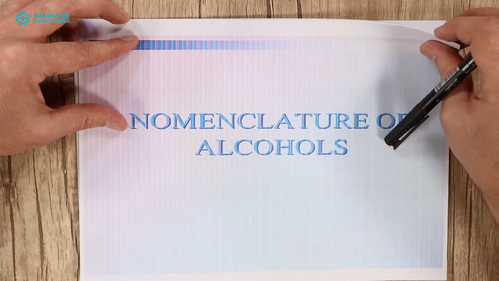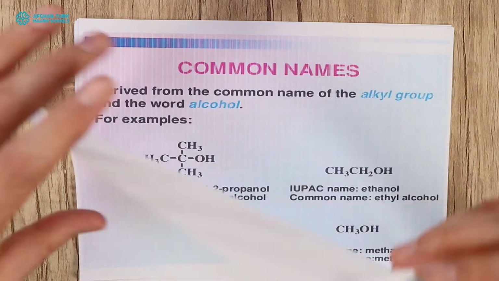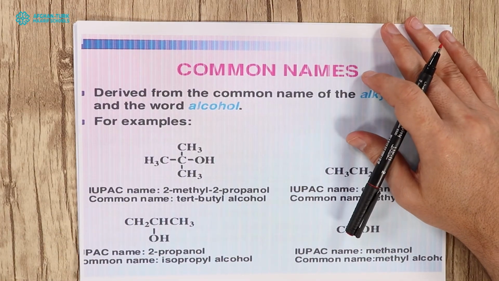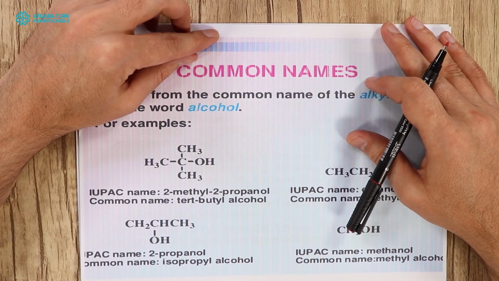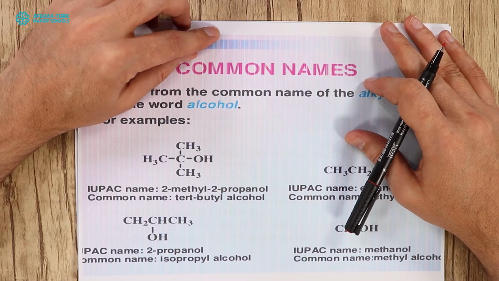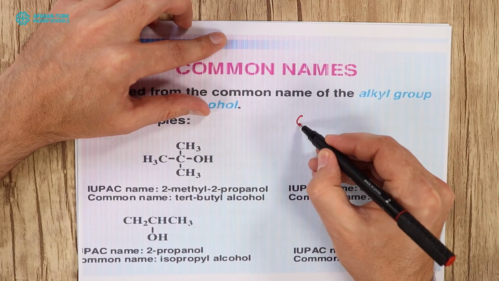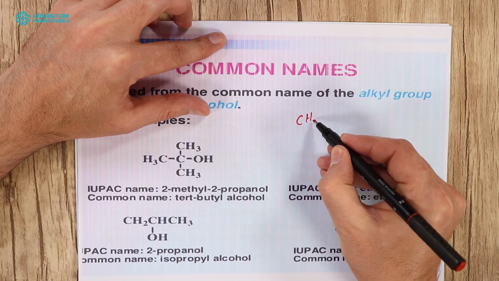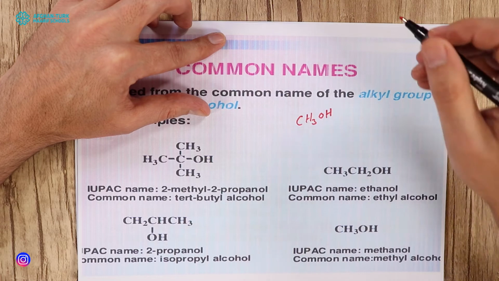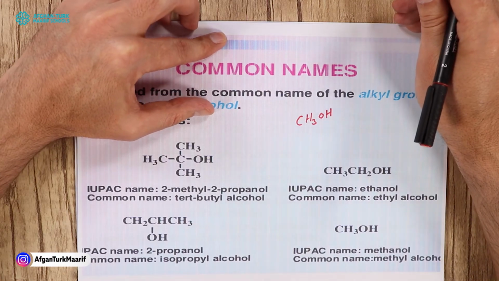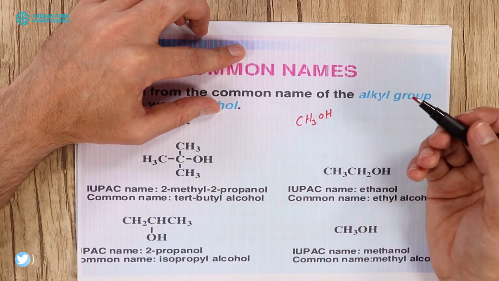In all the alcohol family members, it is very easy to give the common name. Look here, how can we give the common name to a compound? This is very simple. For example, if you have the compound CH3OH, the first member of the alcohol family, how can we give the common name to it?